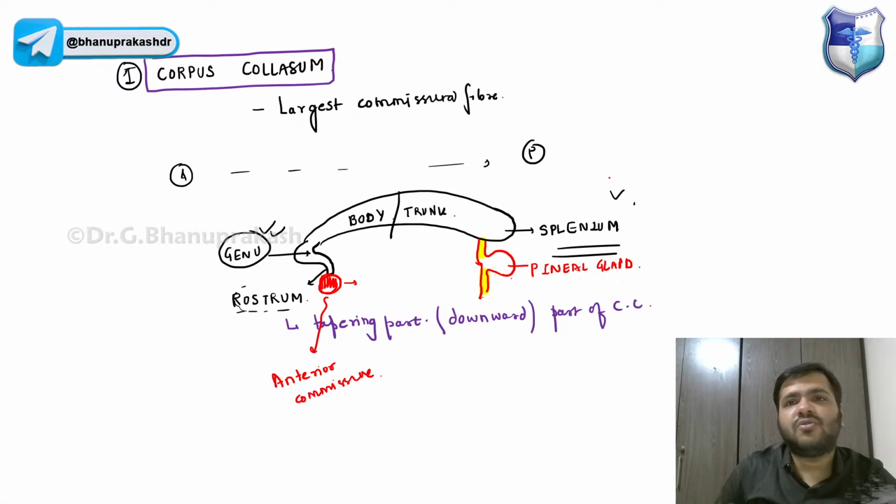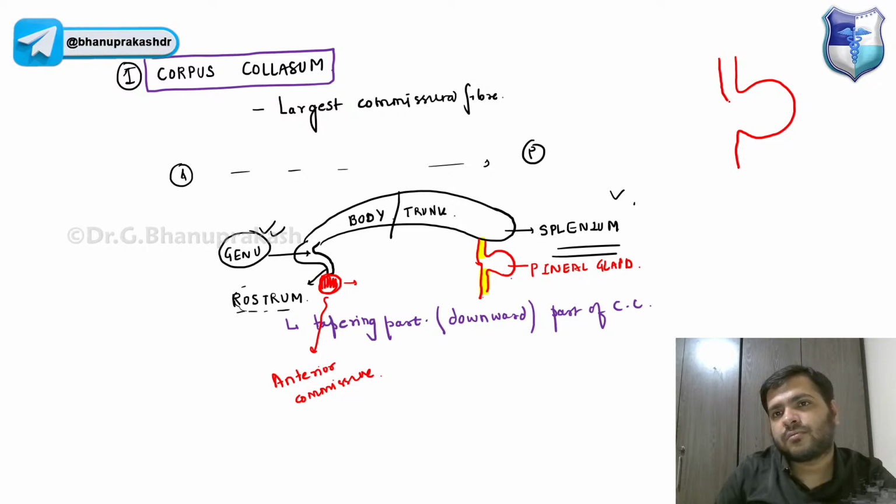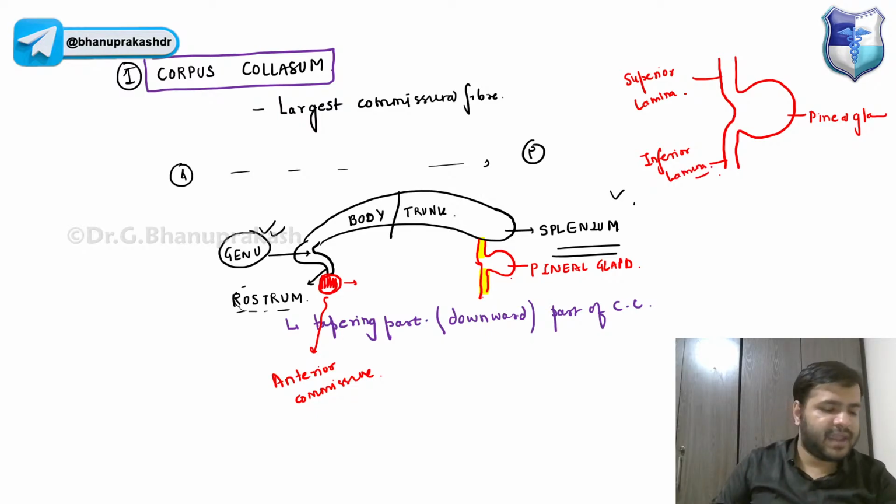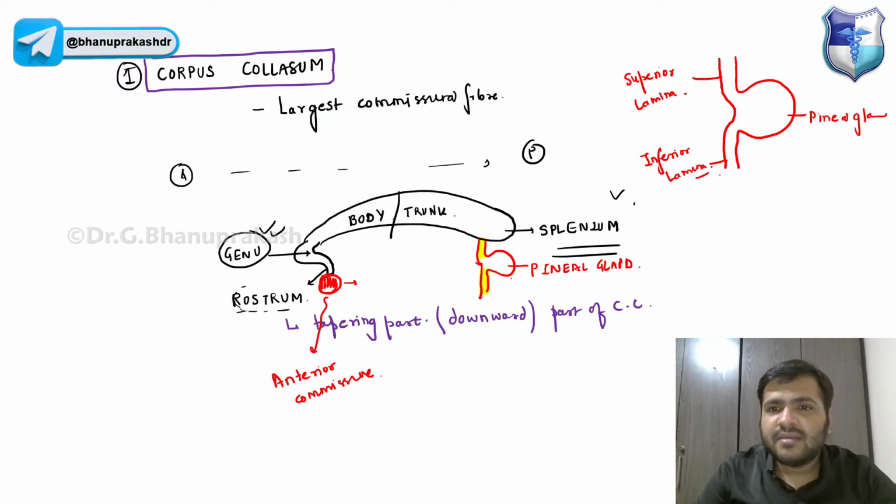If I want to draw it over here, if this is the pineal gland, we have the superior lamina over here, and we have the inferior lamina over here. So there are two laminae over here, right?